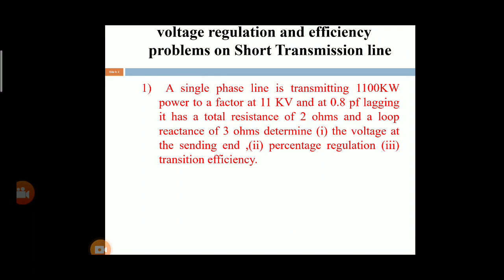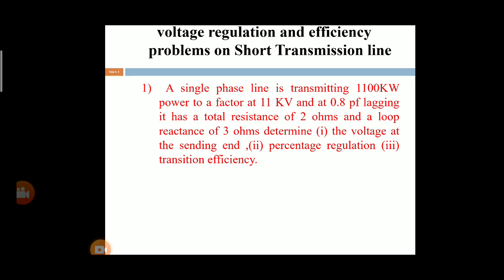Coming to the first problem: a single phase line is transmitting 1100 kilowatts. That means the power P equals 1100 kilowatts, at the receiving end voltage of 11 kilovolts and 0.8 power factor lagging.